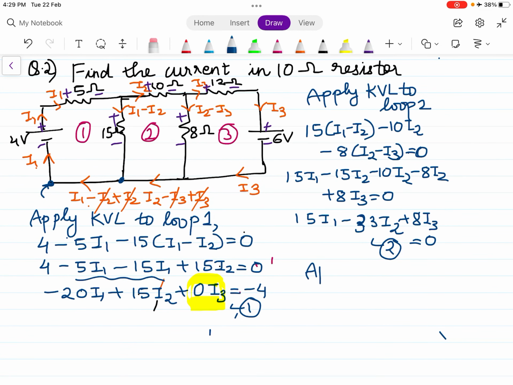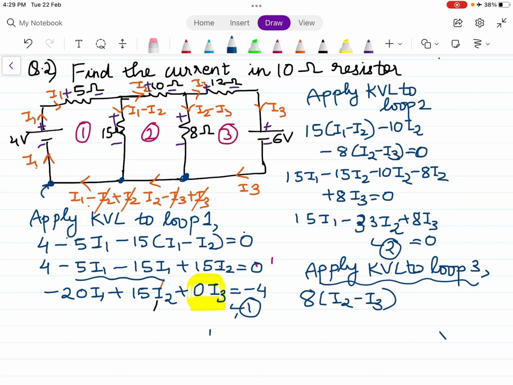Next, apply KVL to loop number 3. When I apply KVL to loop number 3, starting from this point, I get negative to positive plus 8 (I2 minus I3), positive to negative minus 12 I3, then minus 6 equal to 0.